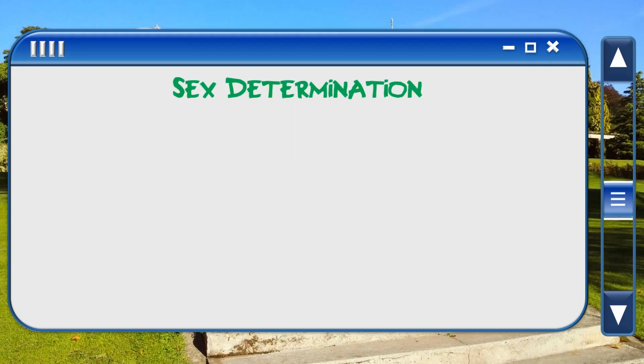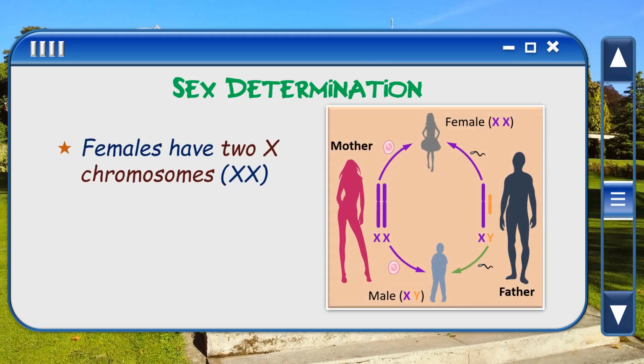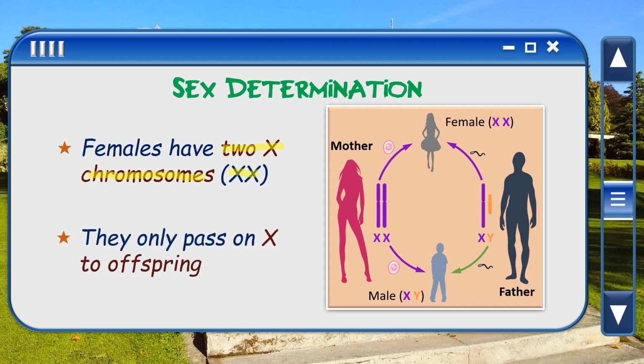Sex determination. Females, we have already seen, have two X chromosomes, so they have X and X. And we have seen that they only pass X to their offspring.